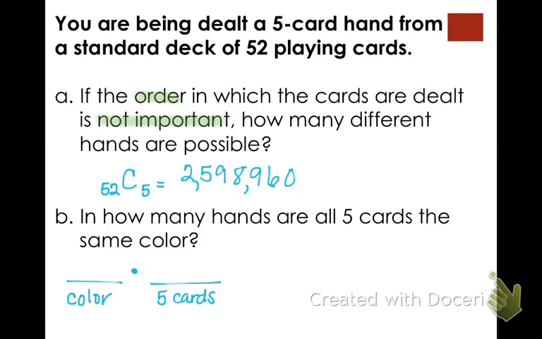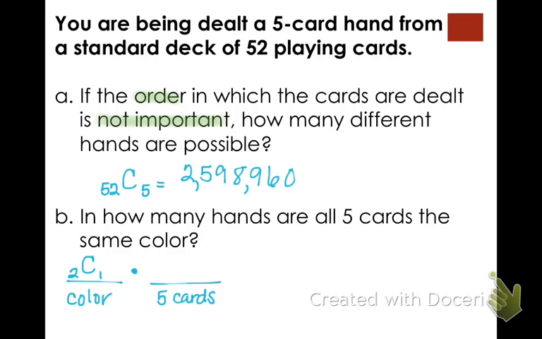So how do I choose the color? How many different colors are there? Well, there's 2, red or black. So of the 2 colors, I need to choose one. And then once I narrow it down to only 1 color, how many cards are there for that particular color? If we had a total of 52, half are red, half are black, that means there's 26 of one color.